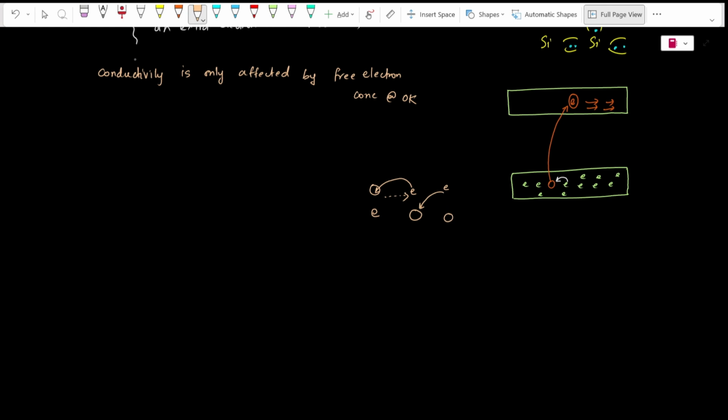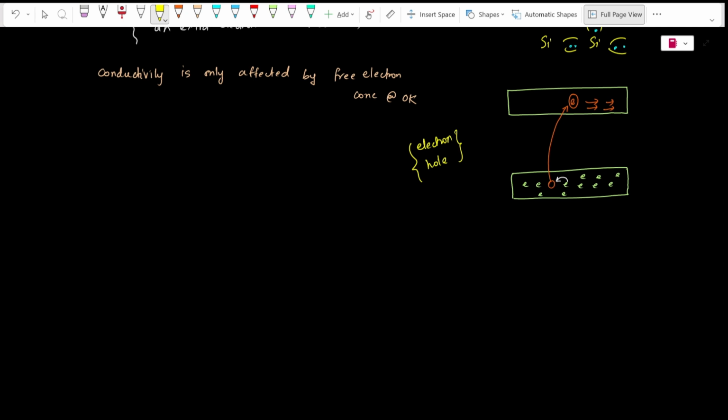So definitely you can have hole motion, and that's quite good because holes try to be at the lower energy level, but electrons try to be at the higher energy levels, right? So you have electron motion and hole motion, and both these motions are significant.